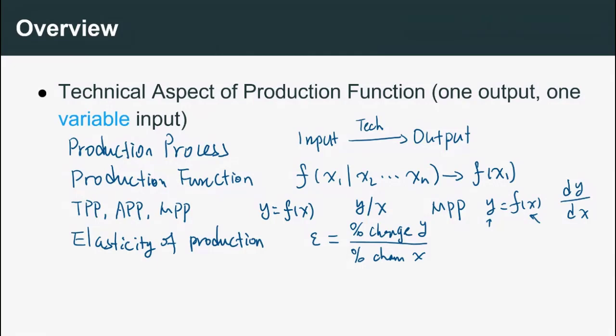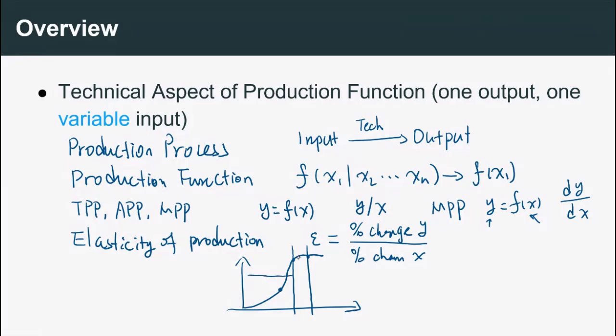And with the factor elasticity, we then introduced the 3 stages of production for a typical or neoclassical production function. Here, there are several special points, and those 2 lines actually separated the 3 stages.